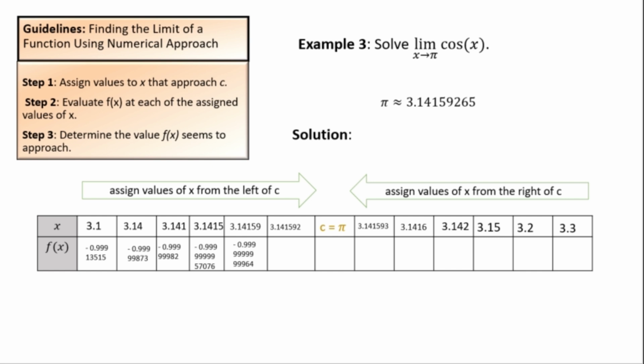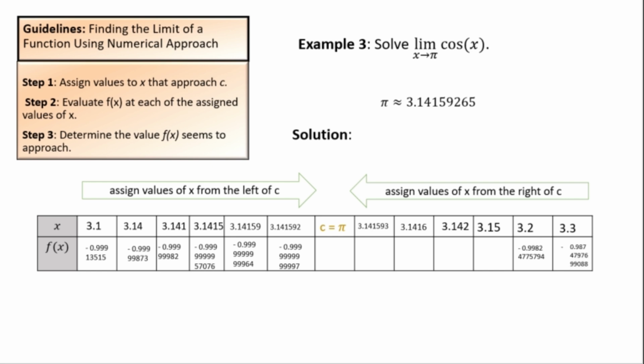So when we compute using our calculator, these are the values that the calculator will spit out. On the left, we have negative 0.39, then negative 0.99, very close to negative 1, right? And lastly, the computed value is negative 0.99999, a lot of nines, so really close to negative 1.